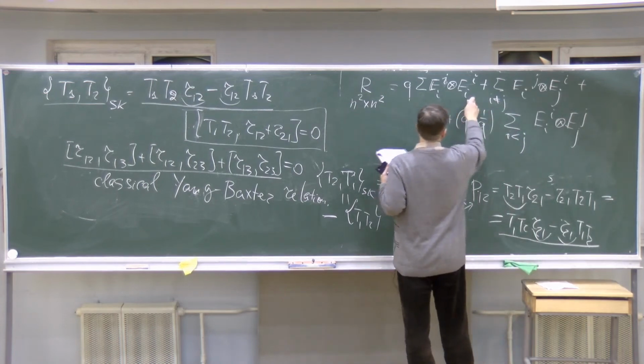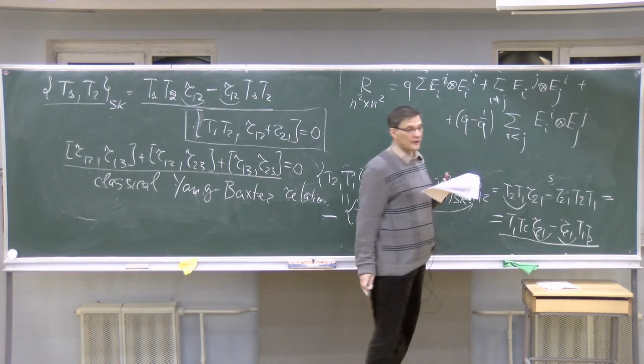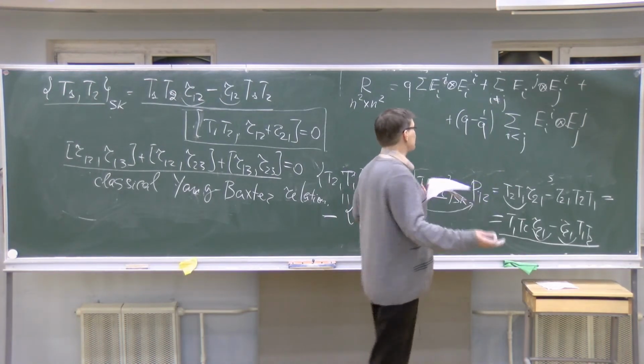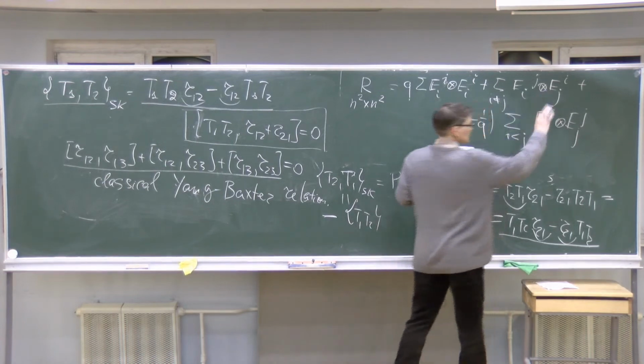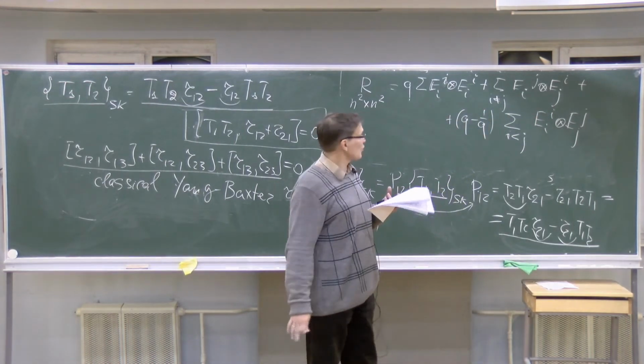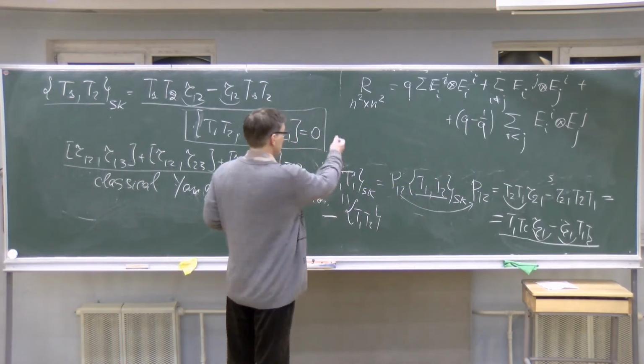So the first term and the last term define the diagonal structure, and at the off-diagonal places we have just units somewhere and mostly zero everywhere. This is the object.